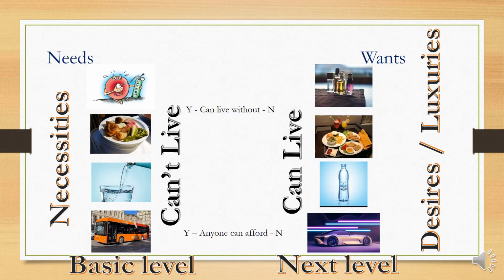What are these? We have already discussed. These can be an expensive car, a branded water bottle, a very expensive meal from a very luxurious hotel, or a very expensive perfume. So the major difference is we can't live without needs, we can live without wants.